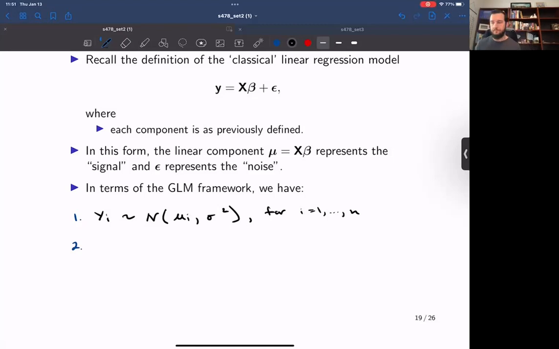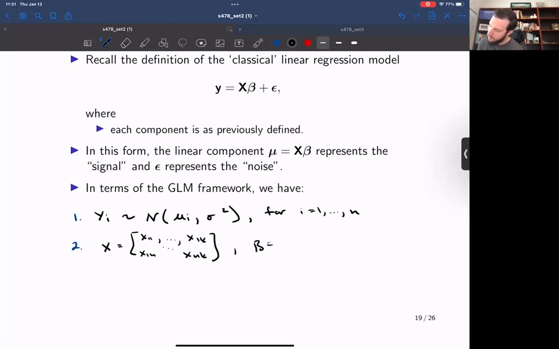In part 2, we simply have the definition of the x_i and the beta. So here we're going to have x as the matrix with entries x11 through x1k, down to xnk.